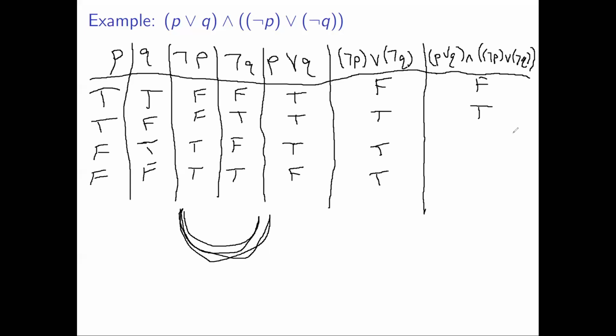And so we see already that this is not a contradiction, because for something to be a contradiction, it has to have every row false in the truth table. And we just found a row where the truth value is true. So we don't really need to finish this truth table. We will anyway, but we could stop here and say not a contradiction.